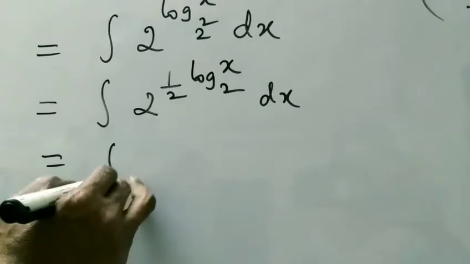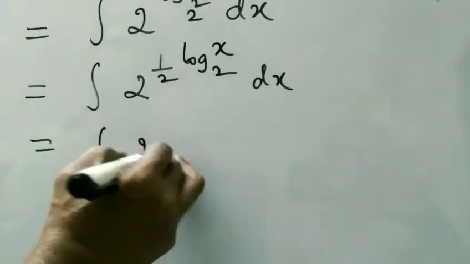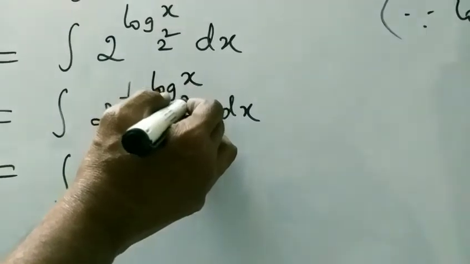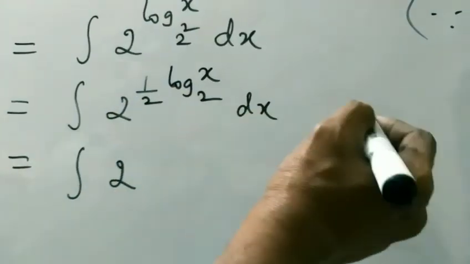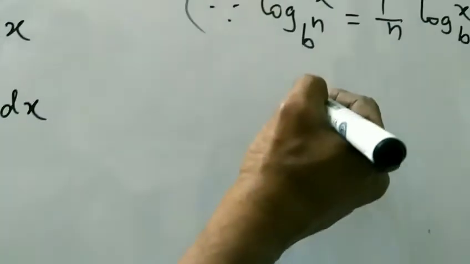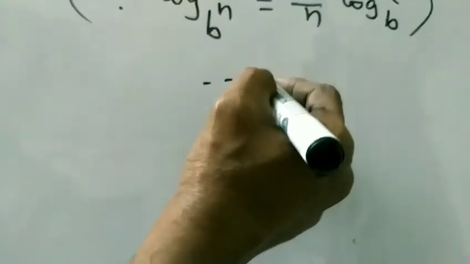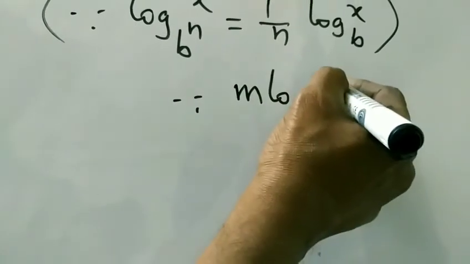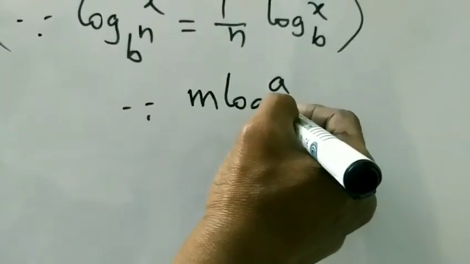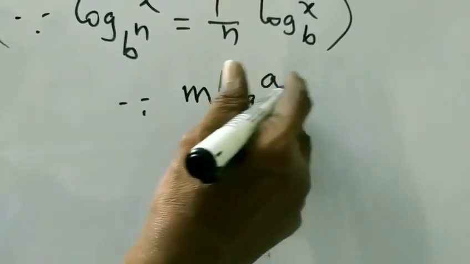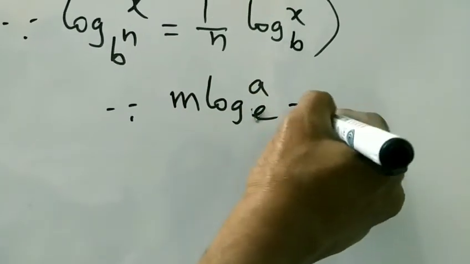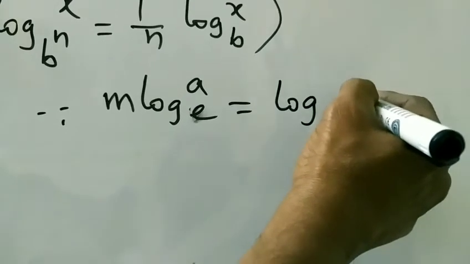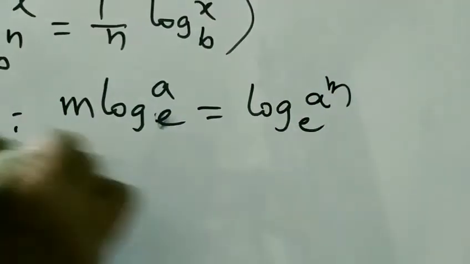This is equal to the integral of 2 to the power of 1 by 2 log x to the base 2. Since we know the formula, m into log a to the base e is equal to log to the base a to the power of m.